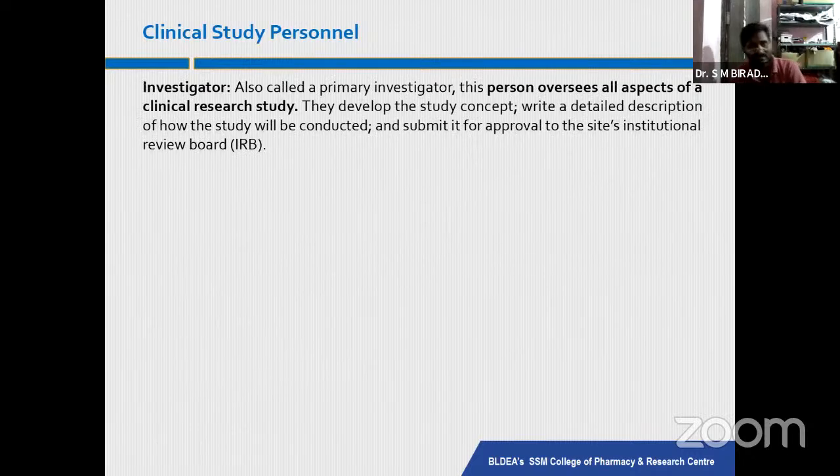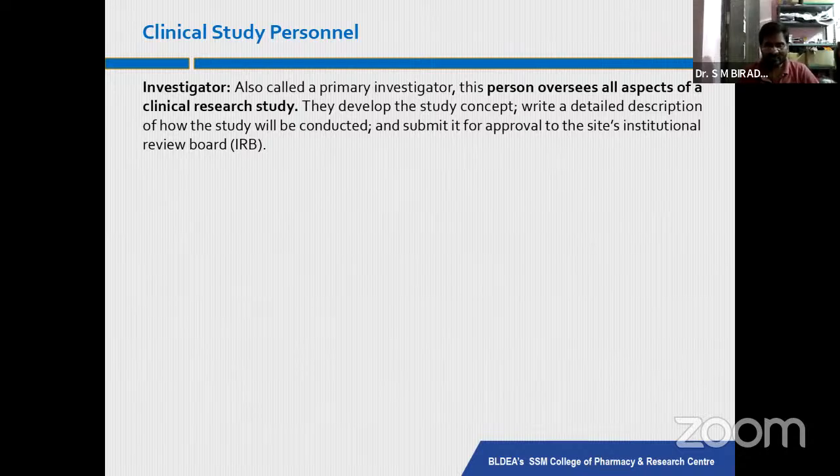In particular, what is the role of the investigator? What does the investigator contribute to the clinical trial? We'll see one by one, so let us start with the investigator. To whom do we call the investigator? Sometimes he is called the primary investigator, depending upon the role.